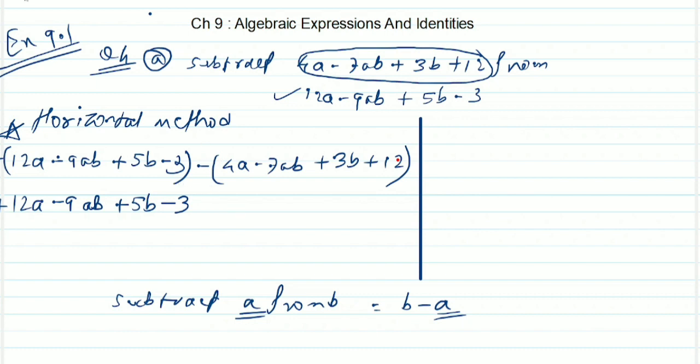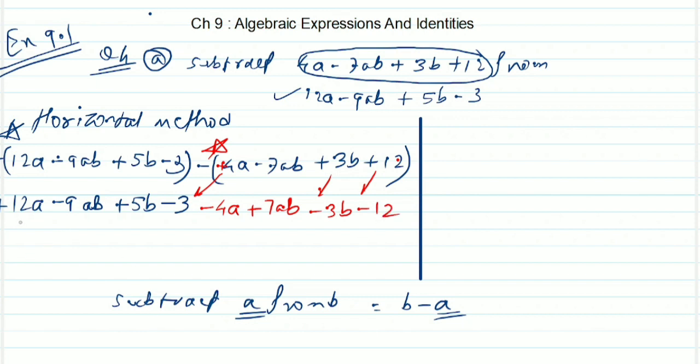Now this is a very important thing: there is a negative sign before the second bracket, so we have to change the sign of each number while we take all the terms out of the bracket. So this plus 4a will become minus, this minus 7ab will become plus, this plus 3b will become minus, and this plus 12 will become minus.